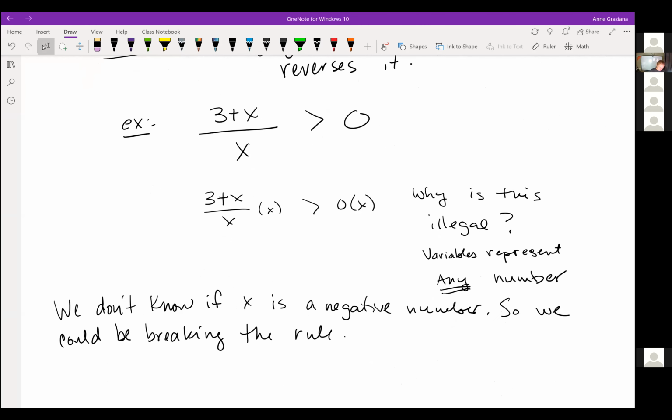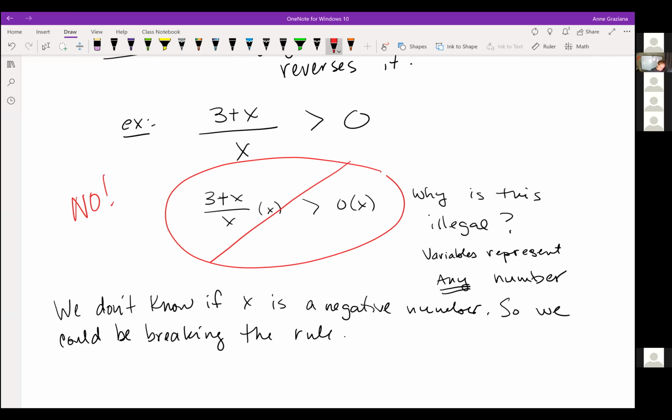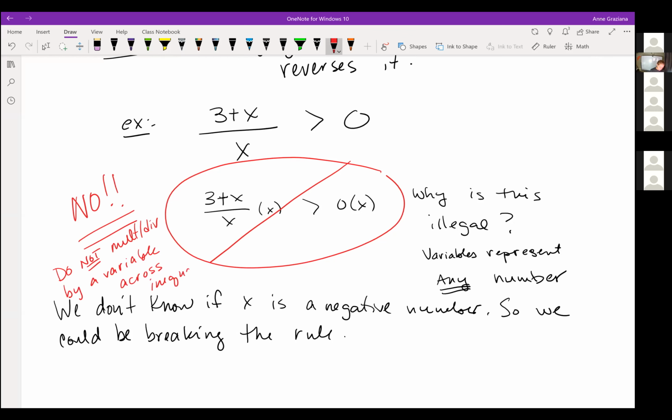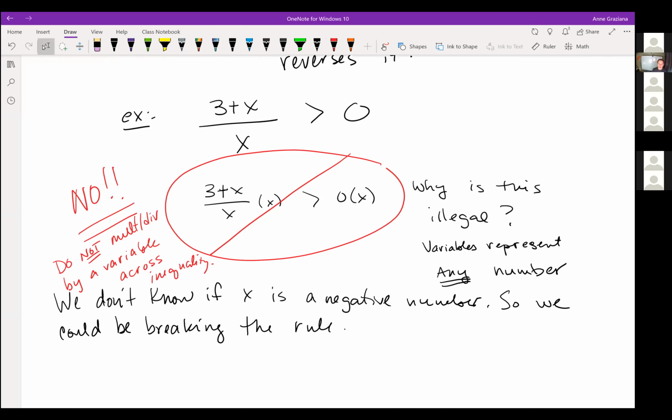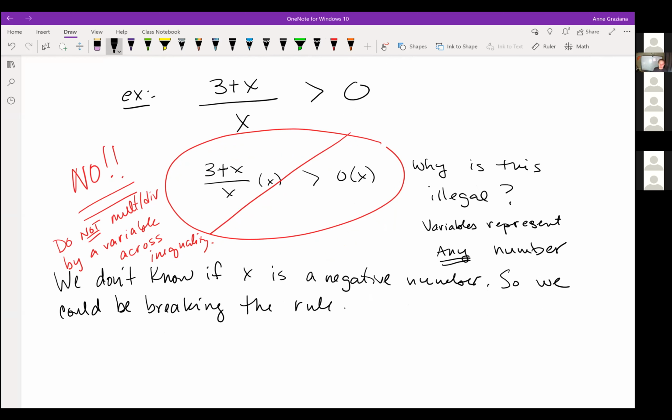So I want to put a big no here. Do not multiply or divide by a variable across the inequality. If you try to solve this way, you automatically get a 0 on that problem. You get no points. It's that big of a deal. Any questions?